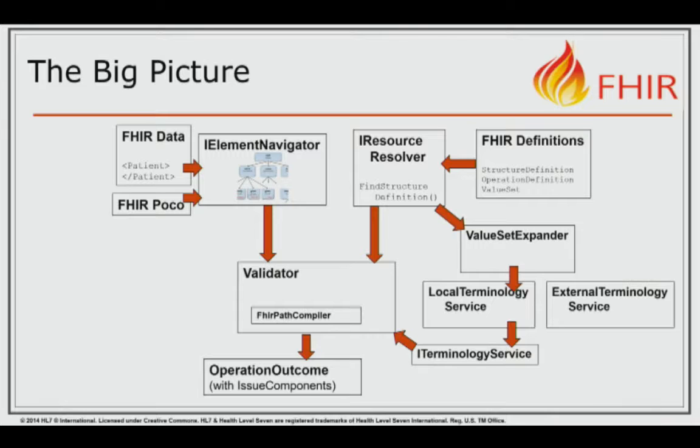So one of the inputs to the validator is the IElementNavigator. That represents the FHIR data, FHIR POCOs, FHIR XML, FHIR JSON. IElementNavigator represents that data. That goes into the validator.